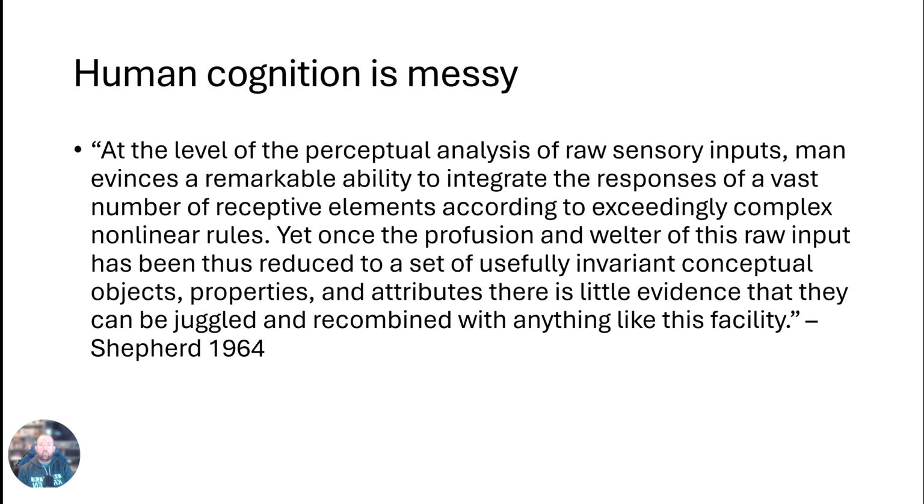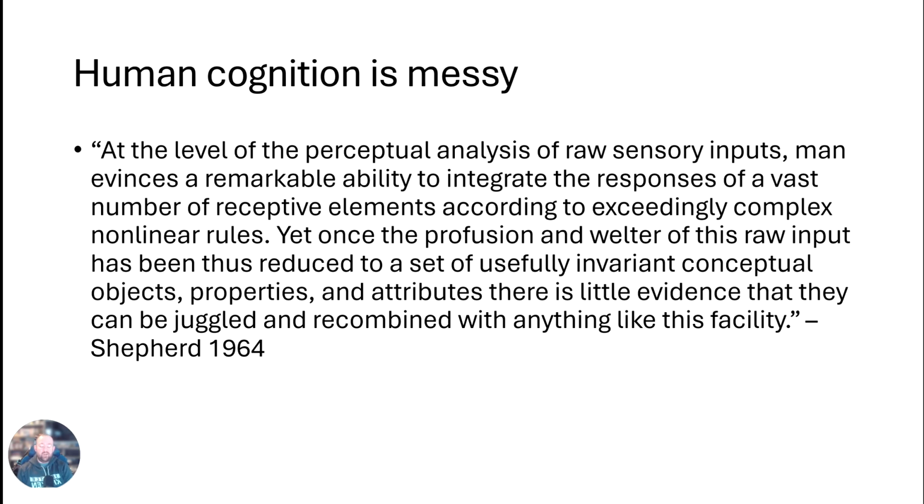Yet, once we're past the sensation process and maybe even some perception, and it gets handed up through to cognition and memory and all of these things, there's very little evidence that we can juggle and recombine all of those judgments and properties and objects with anything like the speed and accuracy of the first step.